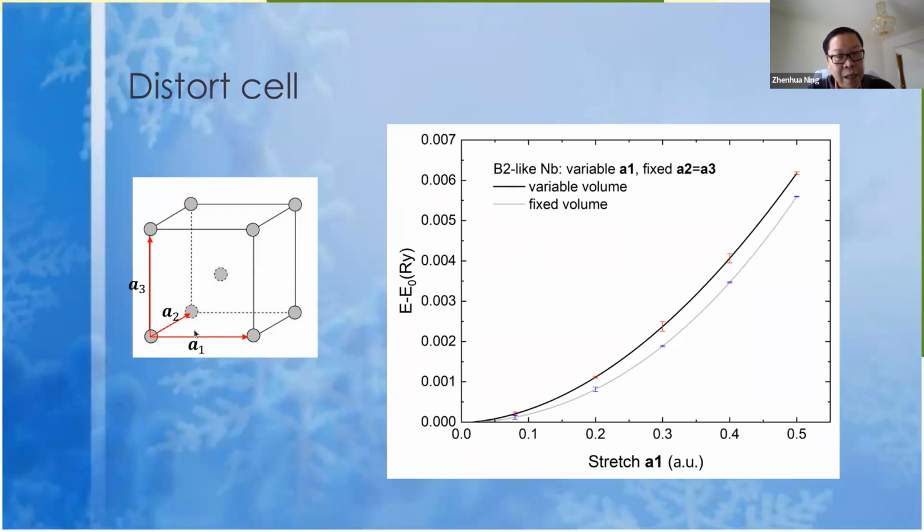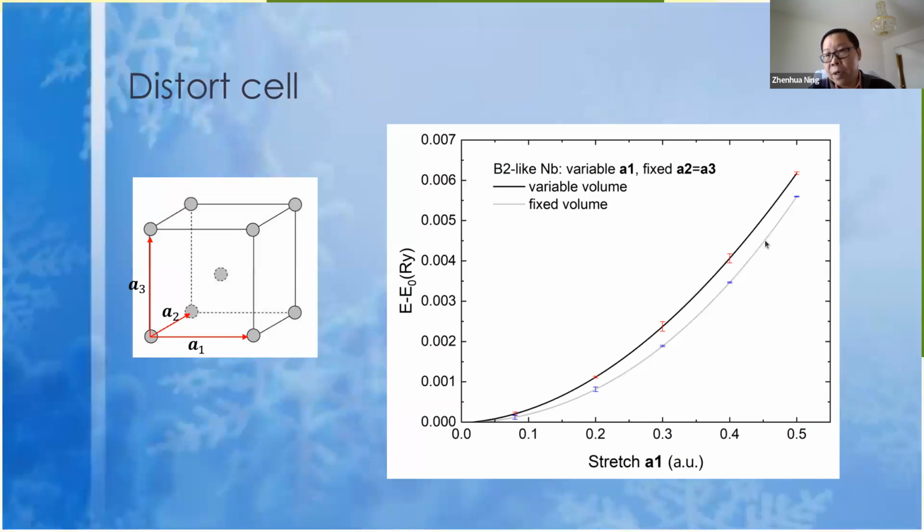Another test is that I still keep A2 equal to A3, and I also keep the volume of the unit cell invariant at the ground state value. The energy for this is plotted by the gray line.